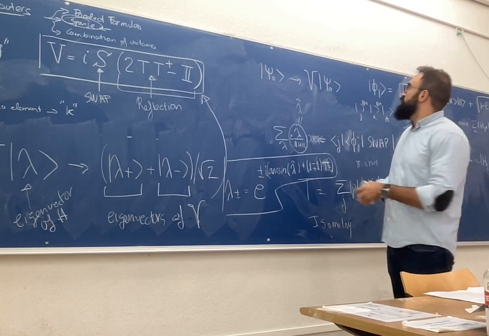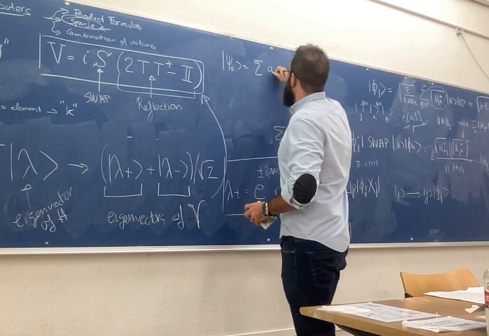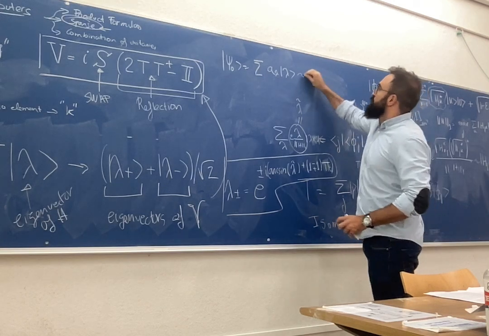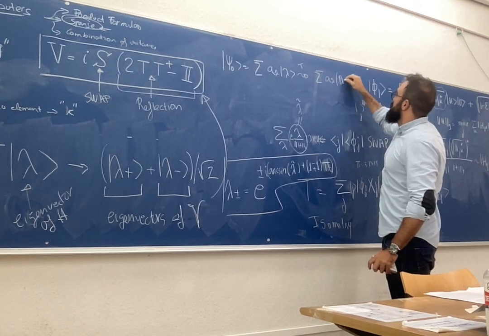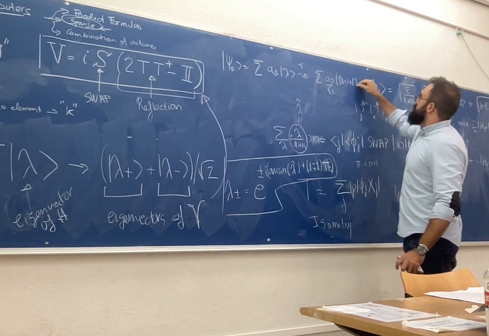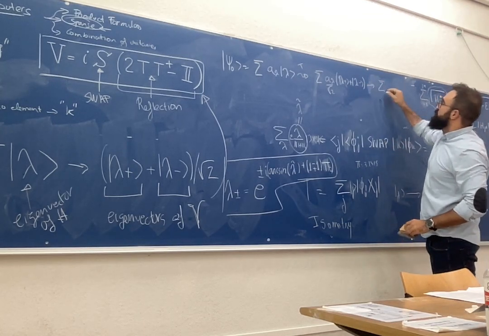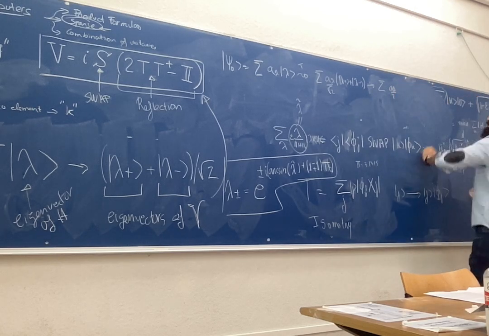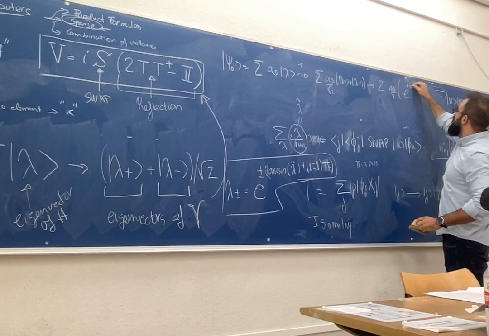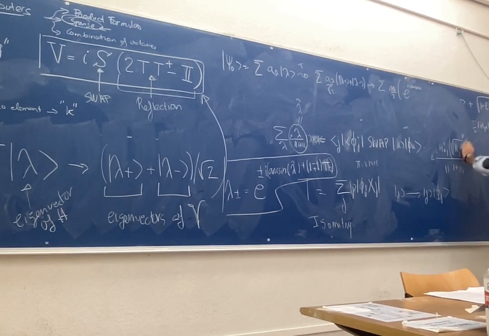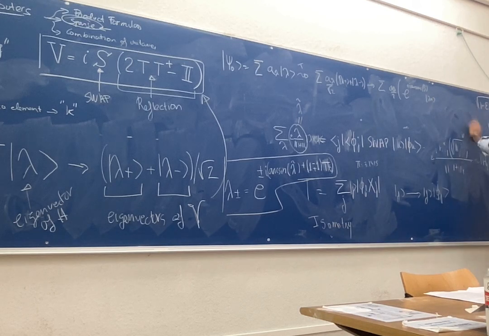If I have an initial state, let's say C0, decomposed in the eigenbasis of this, I'm going to map this with T, and then when I apply the quantum random walk, I'm going to have exponential plus pi arcsin of lambda plus.